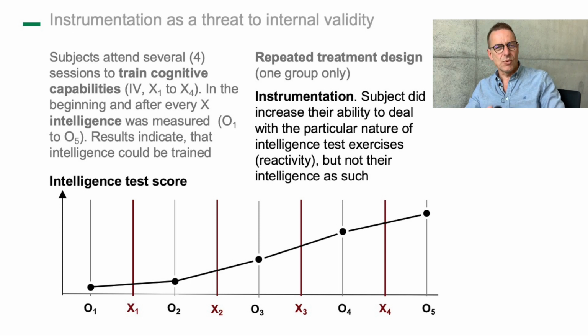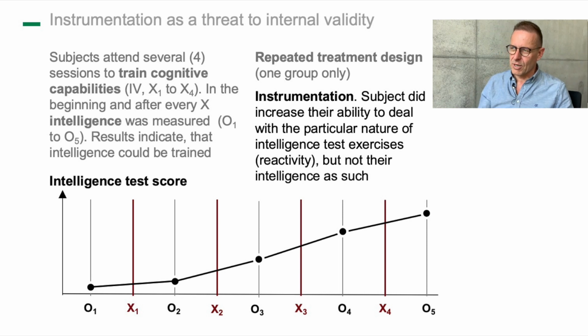And that relates to instrumentation. See it? This is also something we were talking about when we were talking about measurement. This is what we name reactivity. The people change to the measurement tools that we use, right? Interesting, huh? Very interesting.